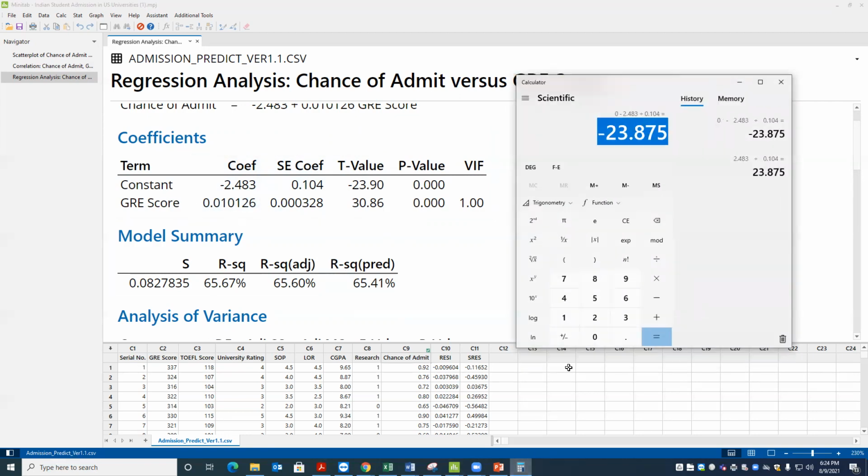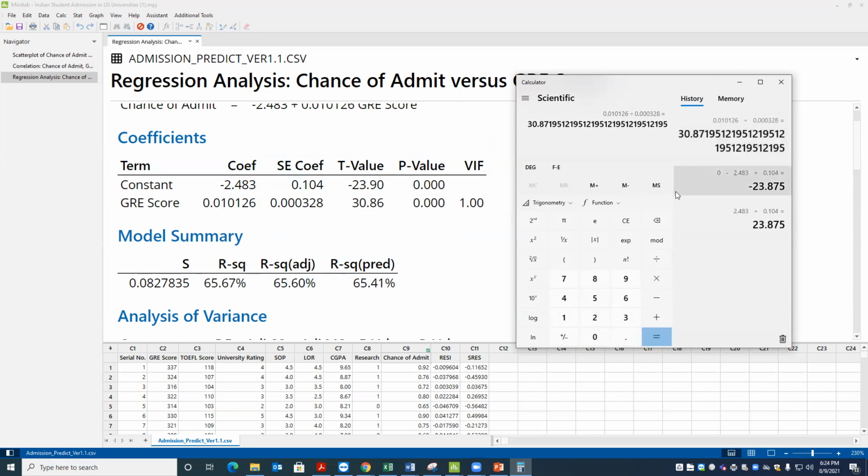Similarly, we can do it for this constant. 0.01126. No, I think I wrote 0.01012 divided by 0.0003 times 328.